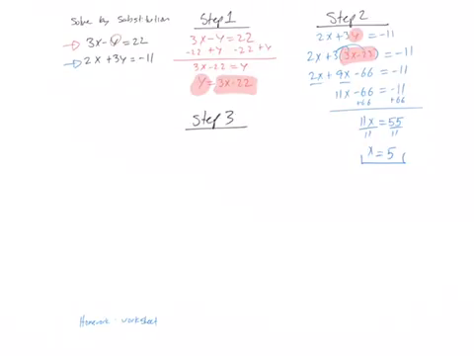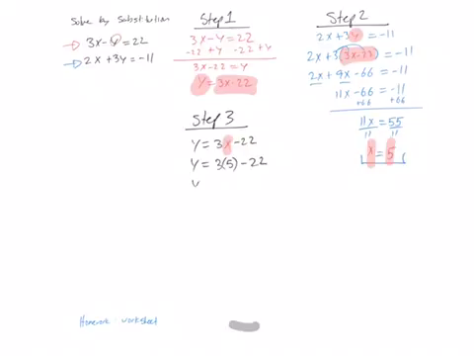And I'm going to use this equation from the end of step 1. y is equal to 3x minus 22. And I'm going to substitute in for x's other name here. So it's going to be y is equal to 3 times x, which we know is 5, minus 22.